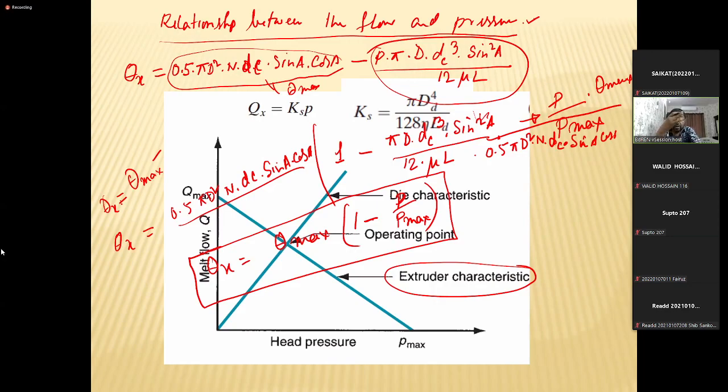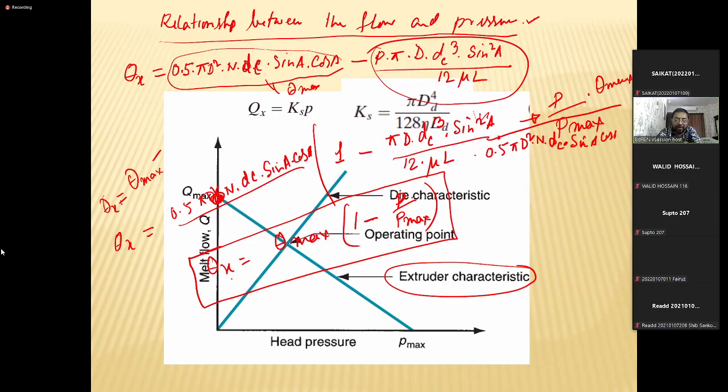Now, if you want to express this by the characteristic, that is graphically, then see, if our P is equal to 0, Qx will be Q maximum. Yes, this point.